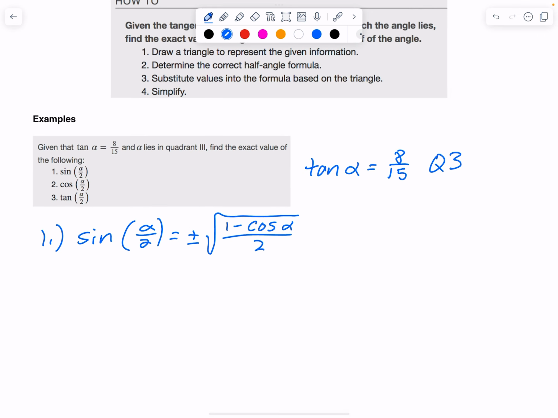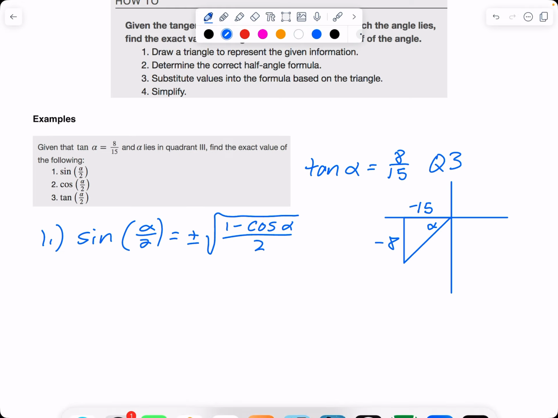Okay, notice we don't have a cosine to use, but I do have this tangent, and I have that it's in quadrant 3. So anytime they give me this information, I'm going to draw it in that quadrant. So here's my right triangle. It's in that quadrant, and then alpha is here, and we have tangent, which is 8 over 15, and since they're both in that quadrant, they both have to be negative.